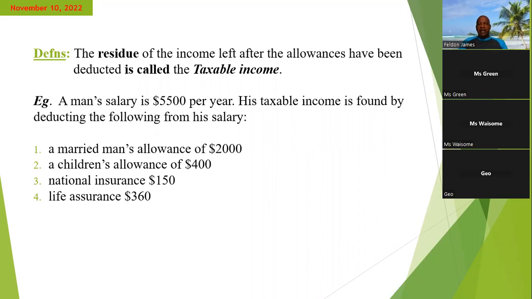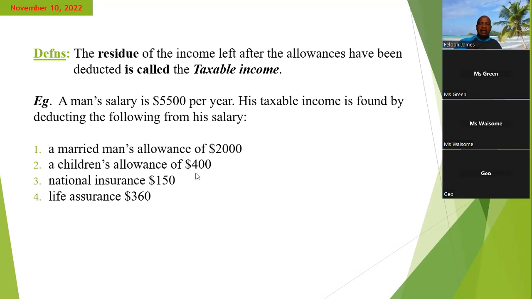If you have one child, then you're allowed $400. If you have national insurance, then you are allowed $150. If you have life assurance, you'll be allowed $360.